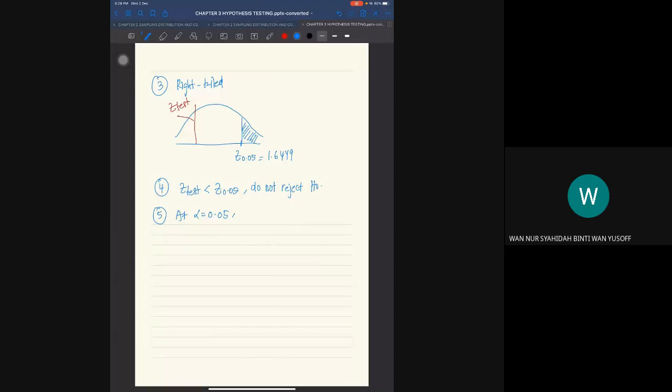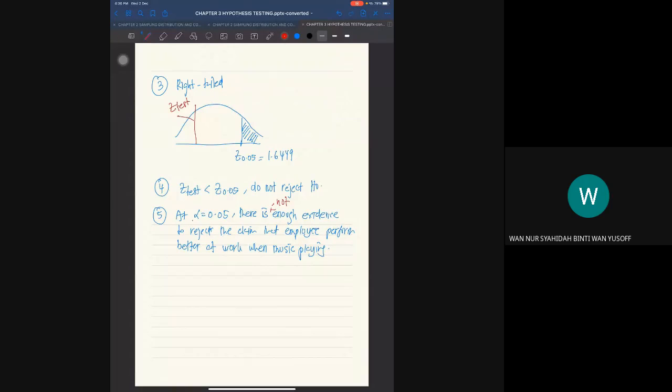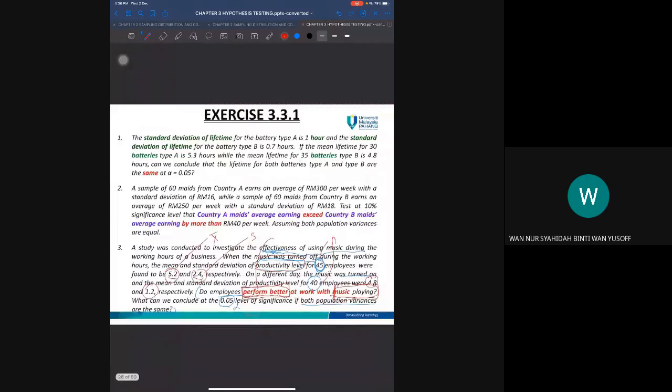At alpha 0.05, there is not enough evidence to support the claim. That is one of the conclusions that you can write. Or, to answer this question, do the employees perform better at work with the music playing?